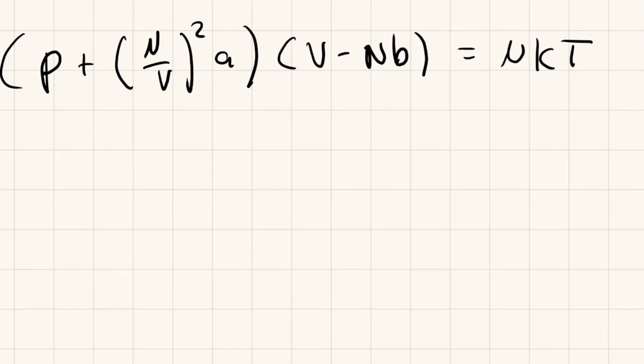For example, in the van der Waals gas, we take into consideration that between molecules there are interactions, right? So there is an additional pressure that we need to take into account, and that correction due to those interactions is quantified by n² divided by V² times a. Something we can notice is that if a is equal to 0 and b is equal to 0, then we get the product PV, which is an element of the equation of state of an ideal gas, right?